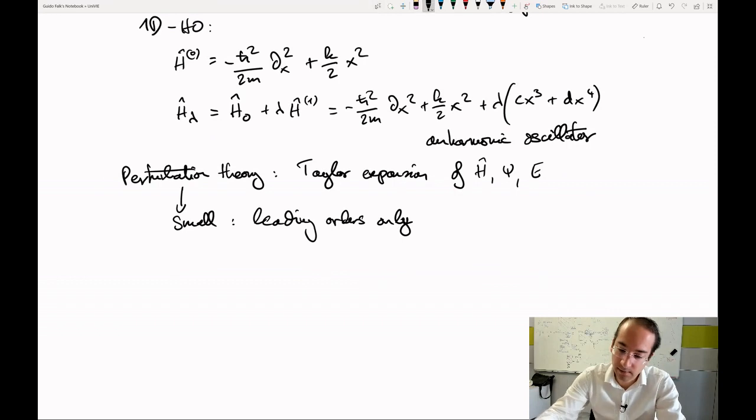Now, there's one restriction in that regard, and this one restriction is that, at least in today's lecture, we will not consider degenerate configurations.